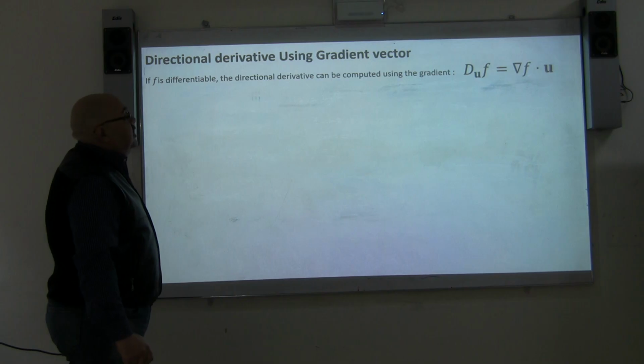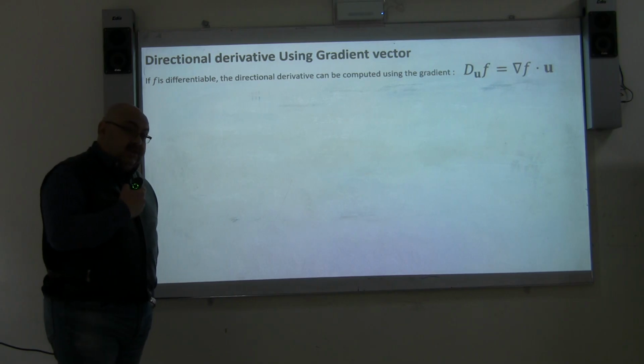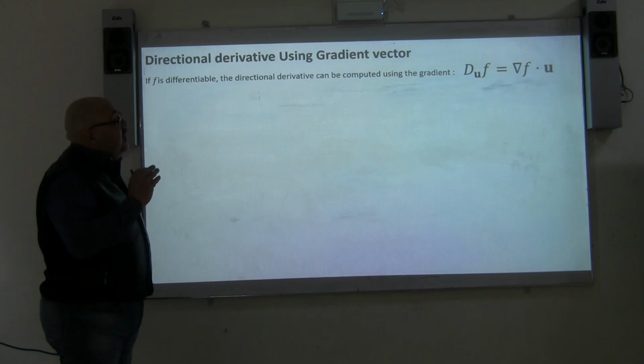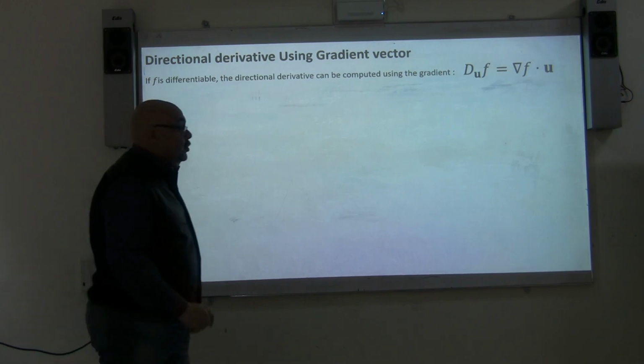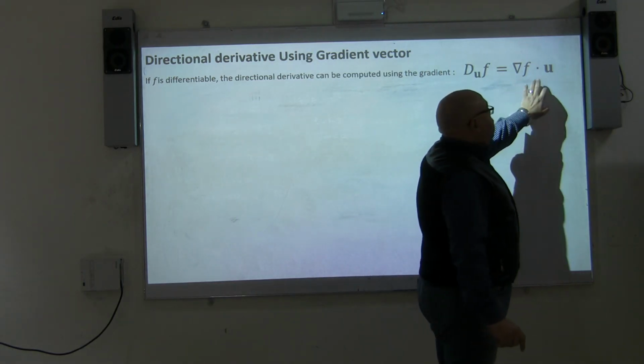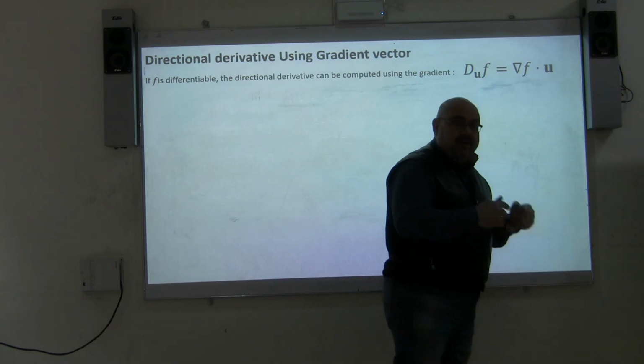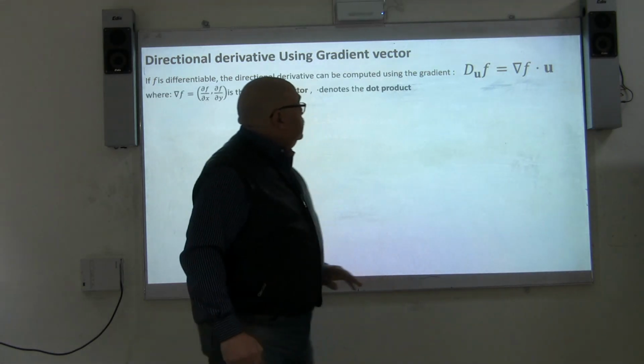Directional derivative using the gradient vector: that's the formula I'm going to use in order to evaluate the directional derivative. All I have to do is evaluate the gradient vector dot u, which is the unit vector in the direction that I want to evaluate.